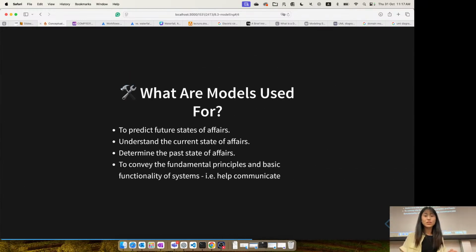Cool. So what are these models used for? Let's just use general. We'll talk more about state later. So it will predict the future states of the system. For example, models can say, if you click on the button, the page will change to the next one.